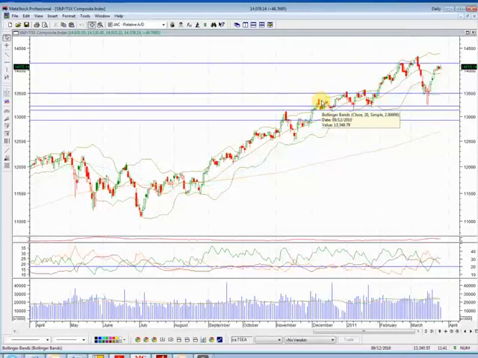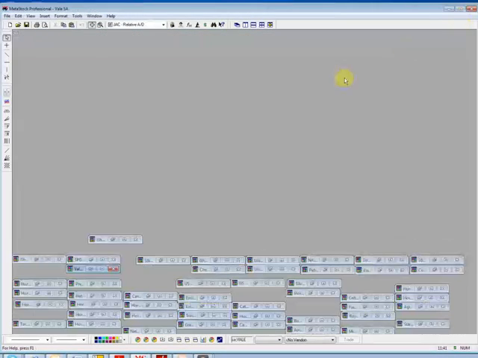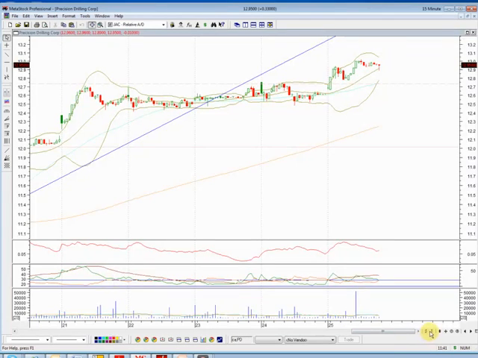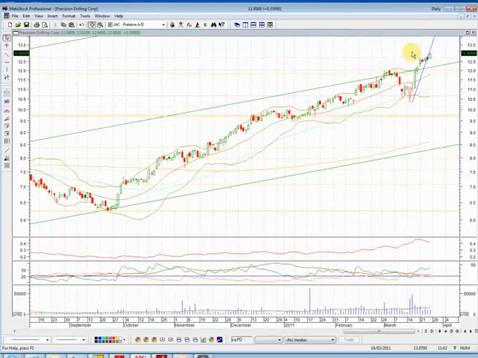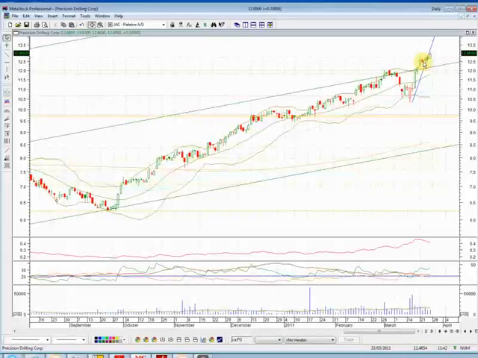So let's look for the Canadian companies that gave some buying indication this week. The first one I would like to mention is Precision Drilling. Precision Drilling traded higher this week, and today we are breaking to new highs.